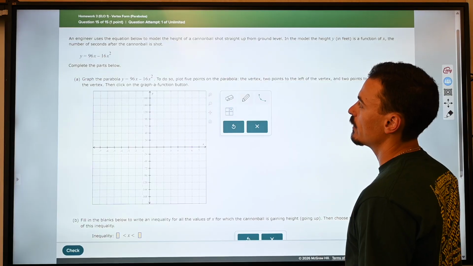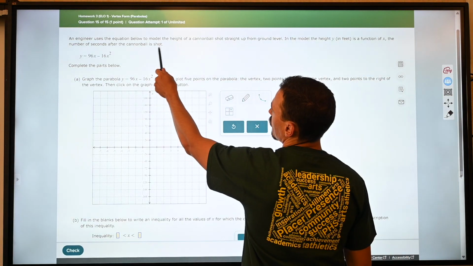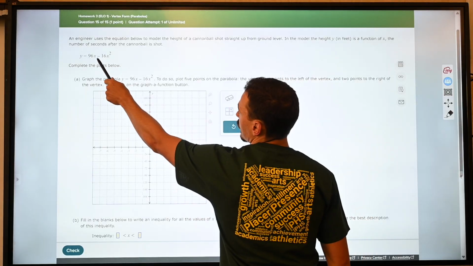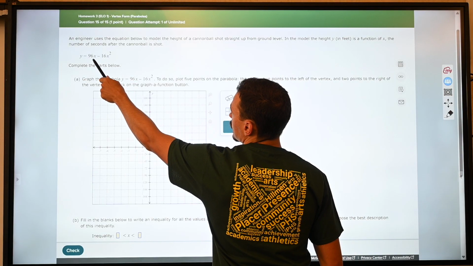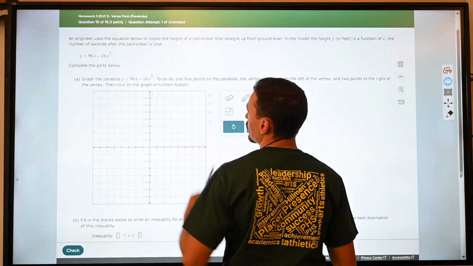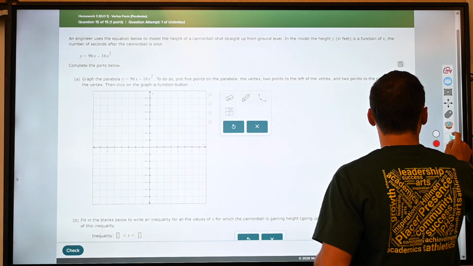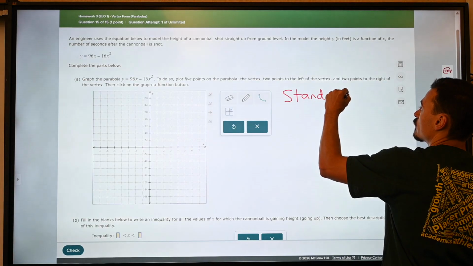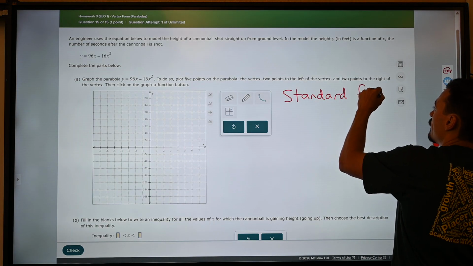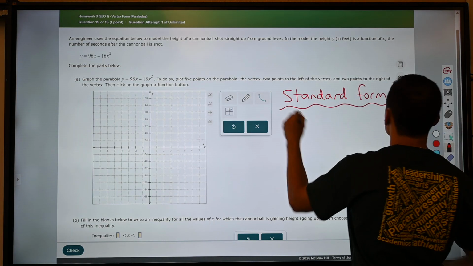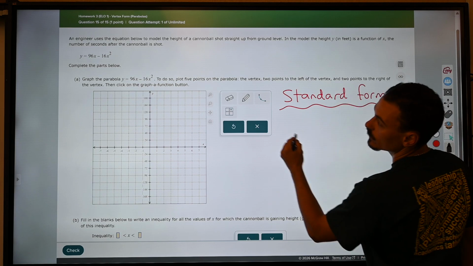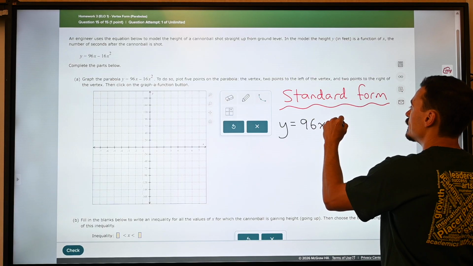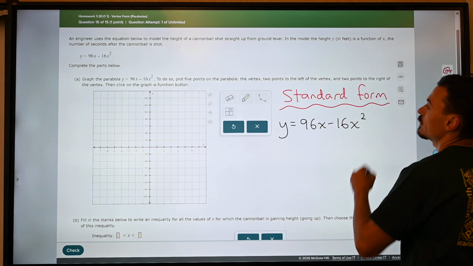Okay, this one right here gives us an equation for the height of a cannonball shot from ground level. So right here, if you look, we have 96x minus 16x squared. This one we'll need to do in standard form to graph it. So we have y equals 96x minus 16x squared.